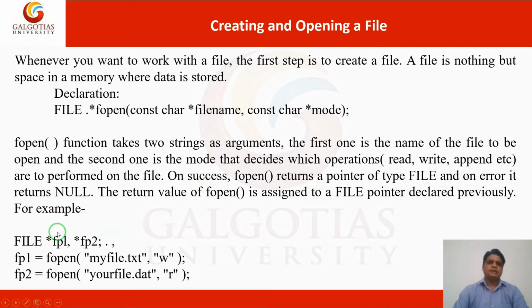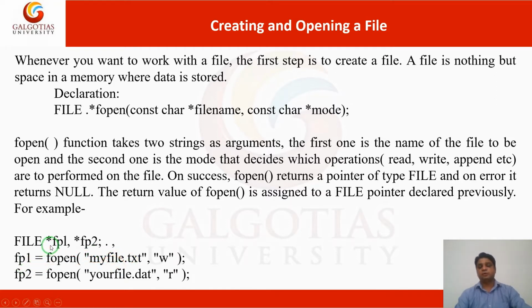Like in this example, file pointers fp1, fp2, etc. fp1 is equal to fopen my file.txt in write mode, and fopen your file.dat in read mode. So here fp1 will point to myfile.txt, because fp1 gets the address of this file.